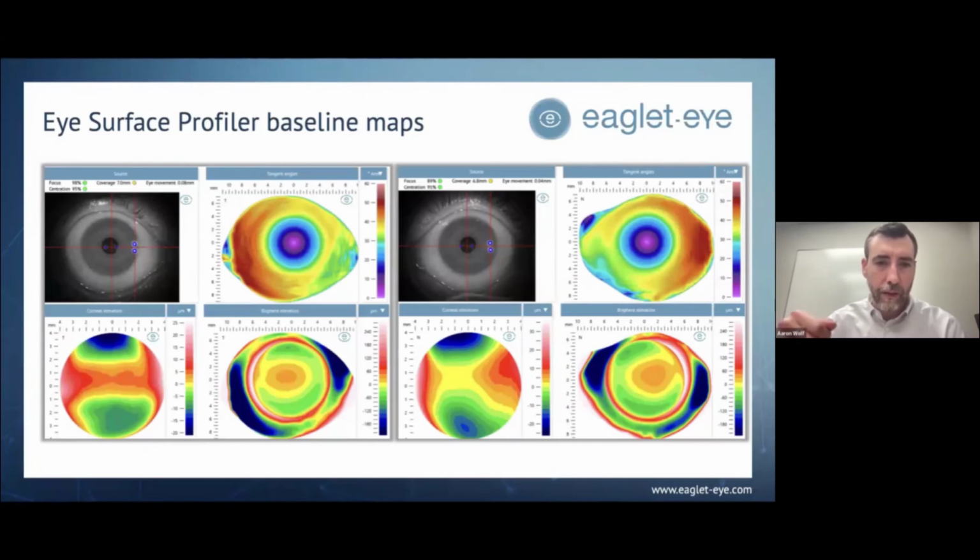And with scleral lenses, sometimes you need to get a much wider view because you're using a much larger lens, in which case you may be willing to accept a little bit more tear breakup time for the trade-off of the greater diameter of data. But for corneal lenses and OrthoK lenses, you really want to get the best quality tear film possible, and you don't need all that data of the sclera.